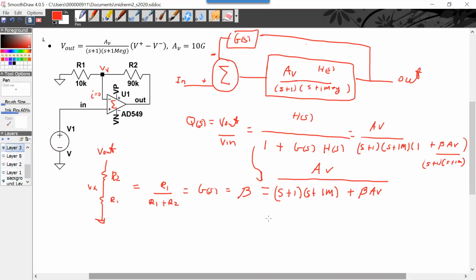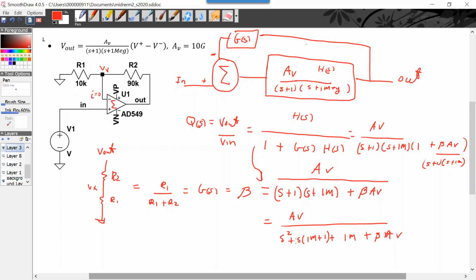Now I try to put it in the proper polynomial form. s times s is s squared. 1 times 1 meg is 1 meg plus beta AV. And then here I have 1 meg plus 1, which you can put here.